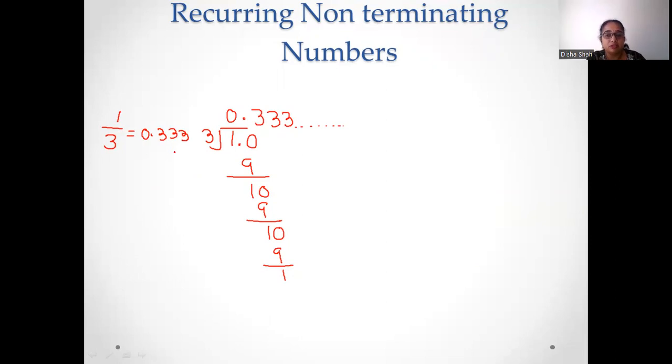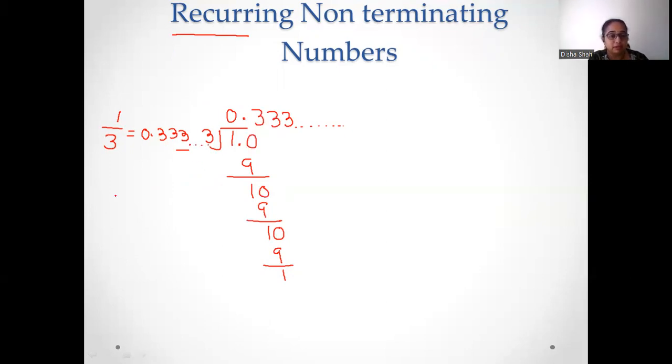Hence this is called non-terminating. Why? Because it is not getting ended, but it is also called recurring. Why is it called recurring? Because the numbers are getting repeated. There is a pattern in the number. Randomly कोई भी number नहीं आ रहा. It's only 0.33333 like this we are getting.